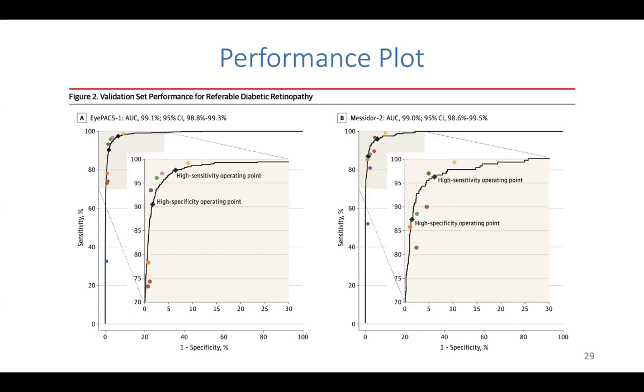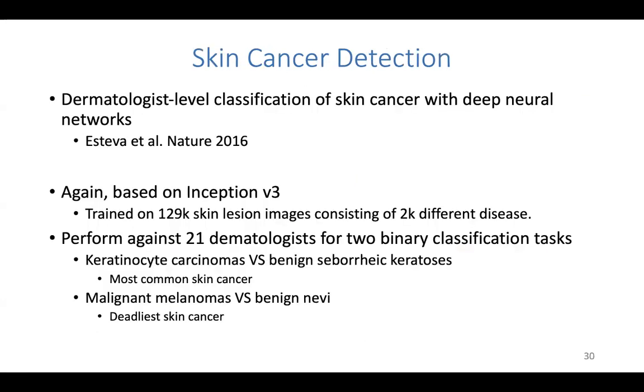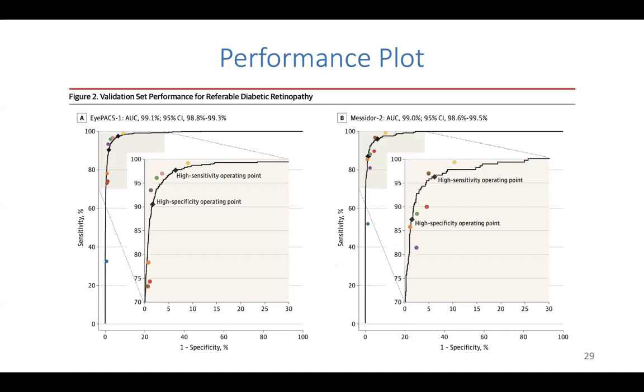So Google actually launched this model in India, if I'm correct. Once they wrote the paper, they tried to clinically validate this model in other countries and other parts of the world, especially in India.